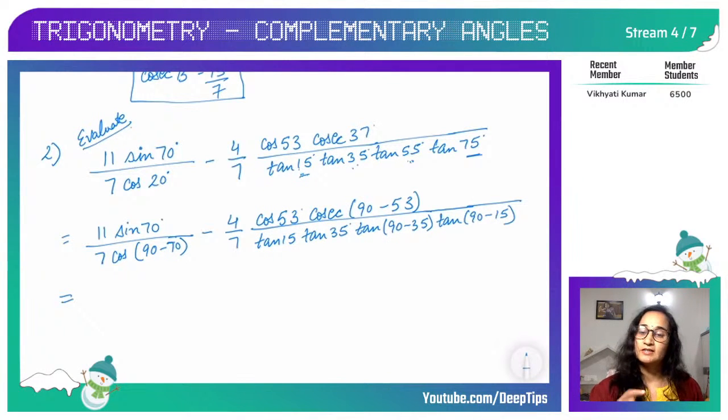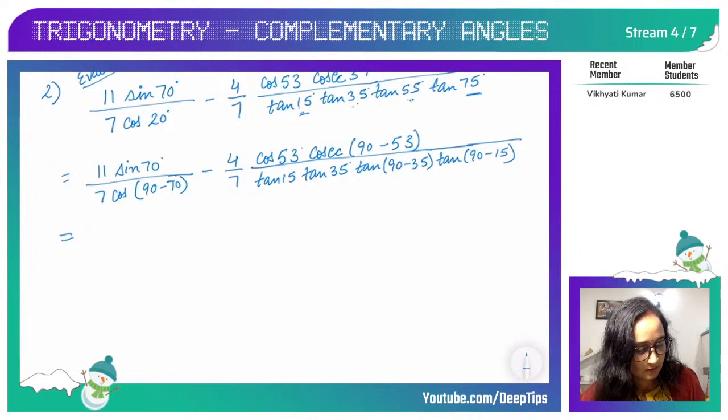Now comes our relationships, because we know that when I write a trigonometric ratio in the form of 90 minus theta, when I write sine 90 minus theta, I can directly write that it is equal to cos theta, because we have just proved it, correct? So here I have 11 sine 70 upon 7.